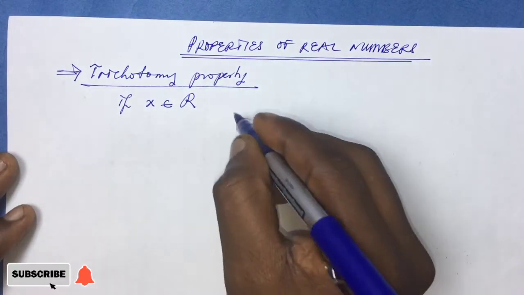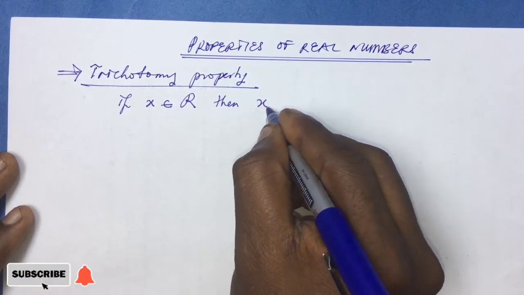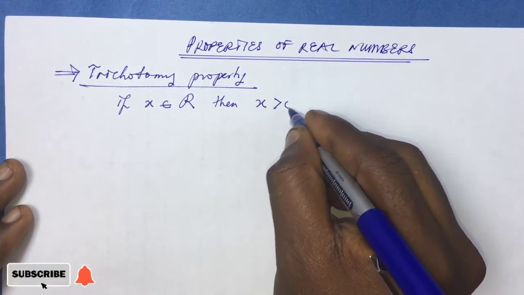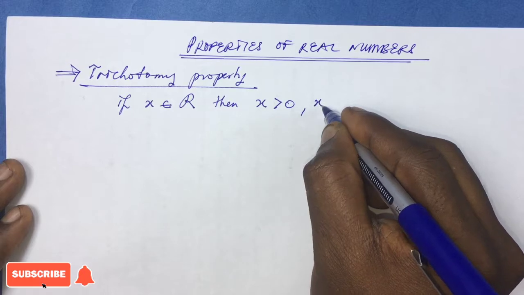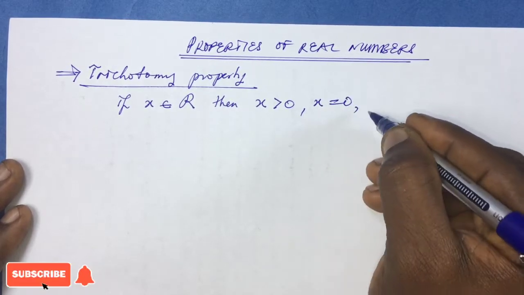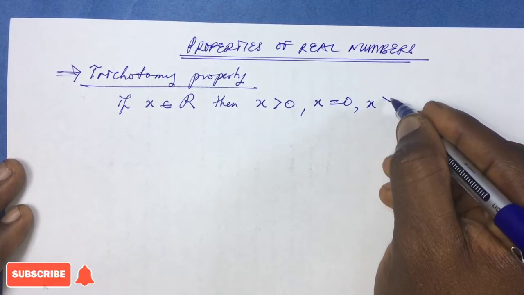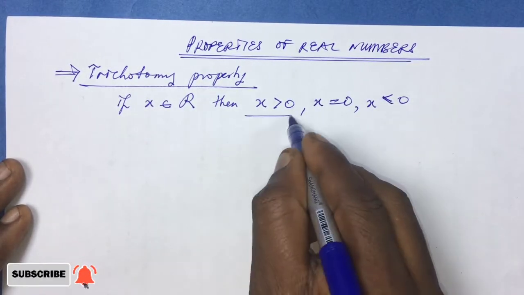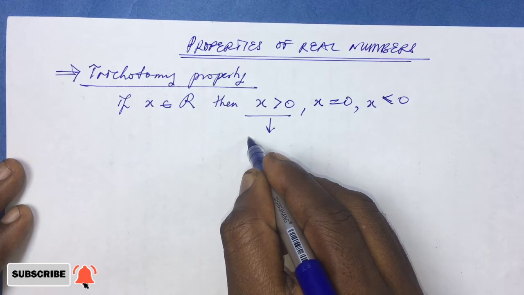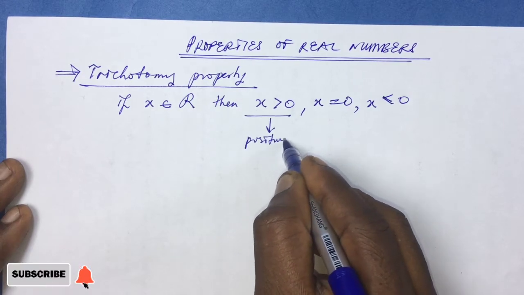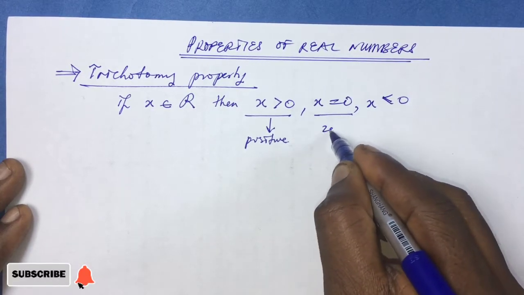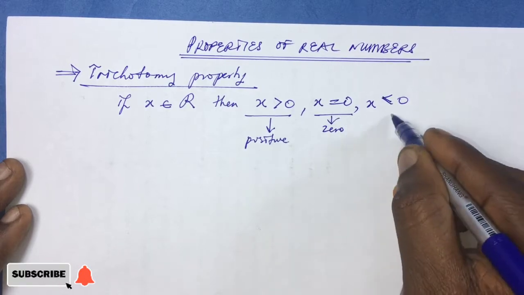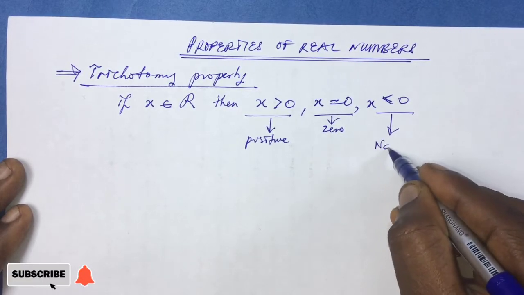If x is a real number, then x is positive, x is equal to 0, or x is negative.